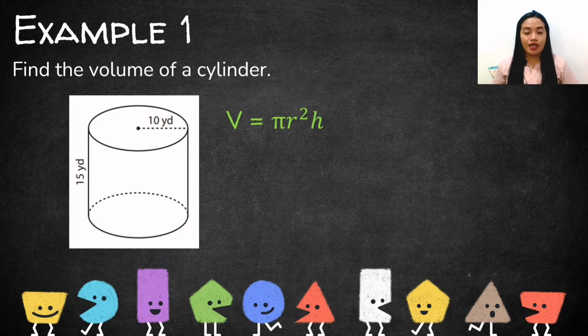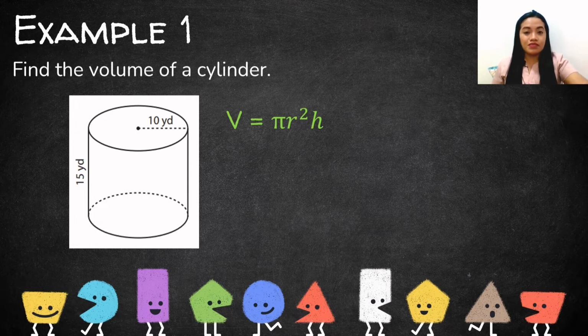Again, the formula in solving the volume of a cylinder is V is equal to pi times radius raised to 2. Ibig sabihin ng radius raised to 2 is radius times radius times height.